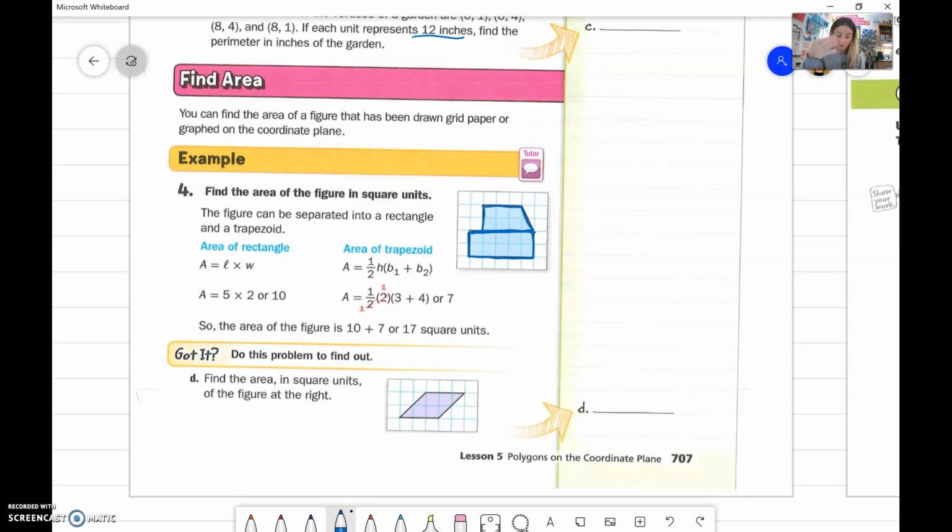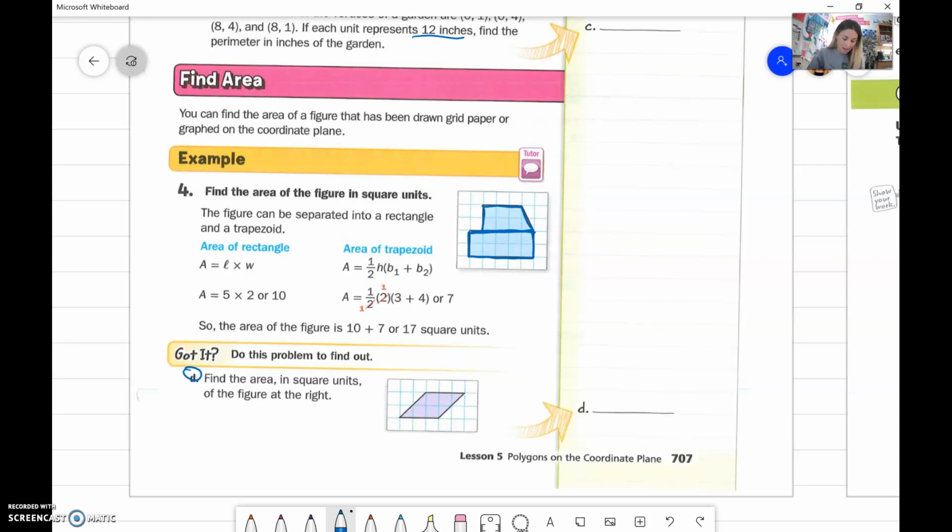There are going to be different ways that you can cut your figures into different shapes so that you can use a formula. Let's see, find the area in square units of the figure to the right. Here's what I would do. I'm going to cut this, and I notice that here I have a triangle, and here I guess this is just a rhombus.